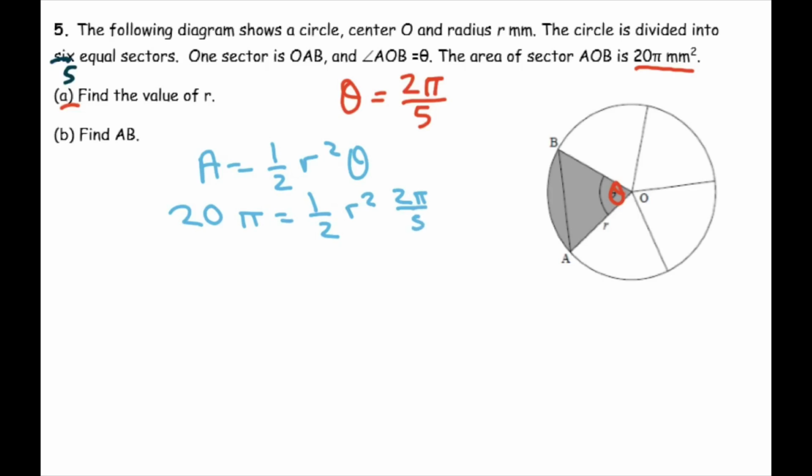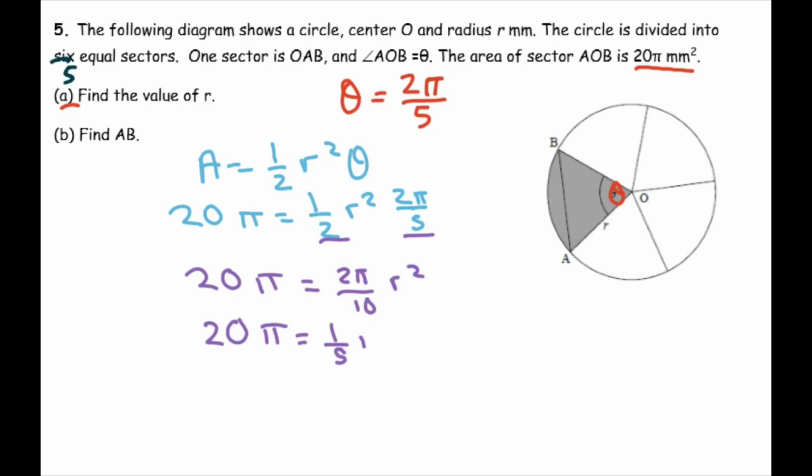So what I want to do first, let's go ahead and multiply those two together. Let's clean it up a bit. So 1 times 2 is going to be 2, and 2 times 5 is 10. Then we have our r squared. And this simplifies to 20 pi equals 1/5 pi r squared.